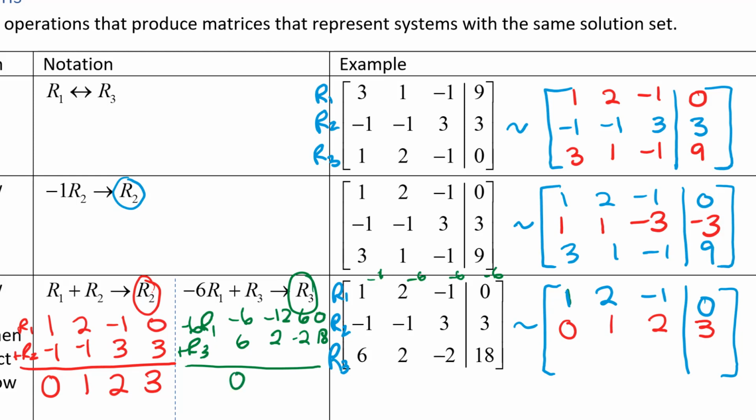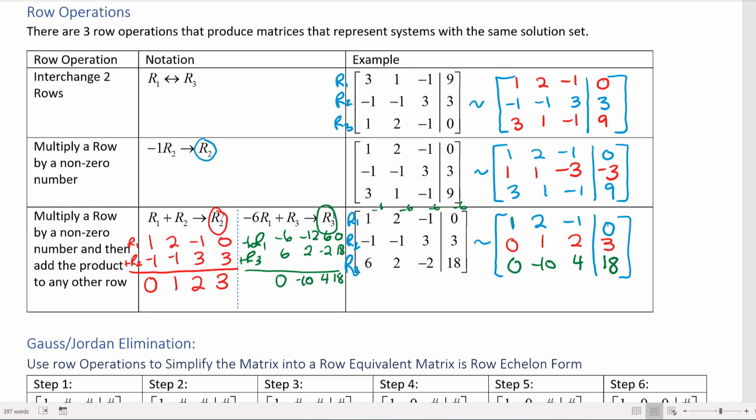Negative 6 plus 6 is 0. Negative 12 plus 2 is negative 10. 6 minus 2 is 4. And 0 plus 18 is 18. So that gets me 0, negative 10, 4, and 18, and that goes into row 3. So that's how you multiply a row by a non-zero number and then add the product to any other row.